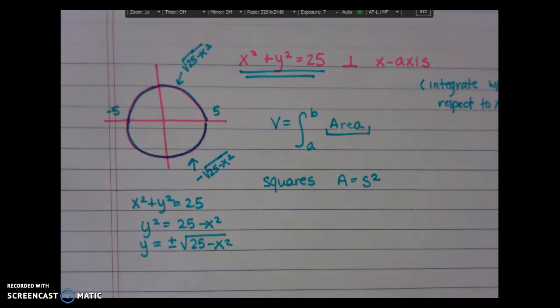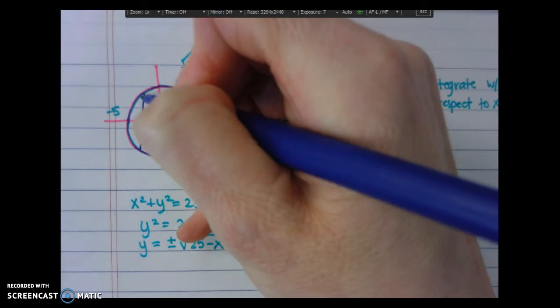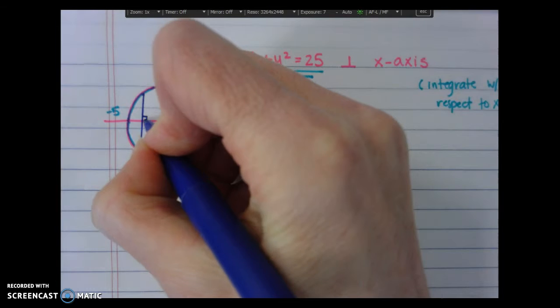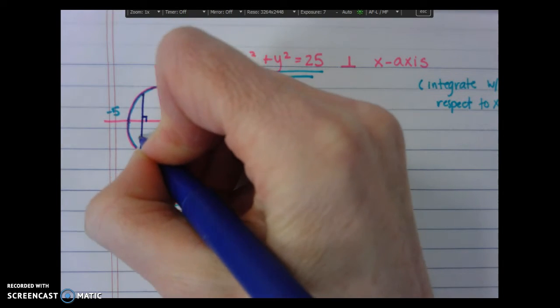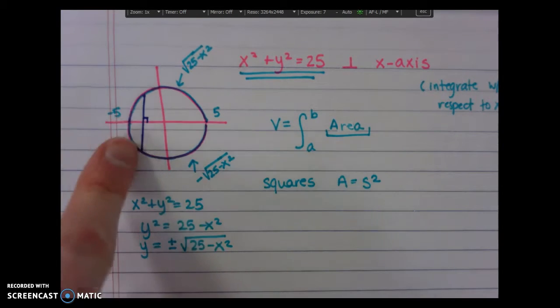Now when we did our squares and we cut them out and we measured, we had to measure them in relationship to the length from here to here. That was perpendicular to that x-axis, or in our case was our diameter. So what controlled the side of our square was this length.